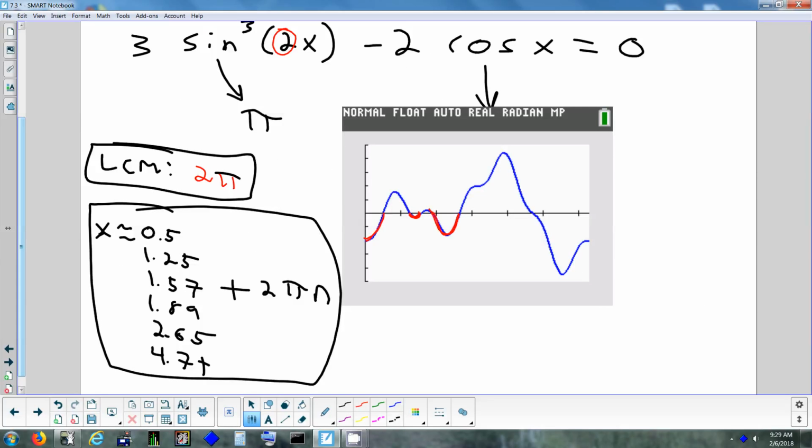And lastly, between 4.71 and the end of my screen, 2 pi. Those intervals that I just said are all the intervals where it's less than 0. And that's basically what we're going to do in the next problem. We're just going to write an interval instead of just writing those numbers.